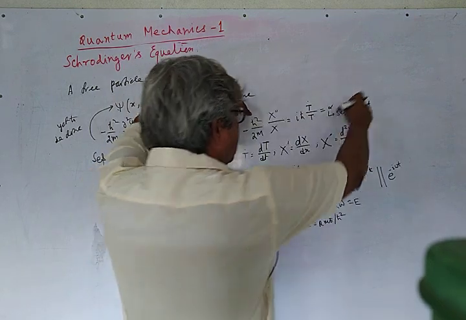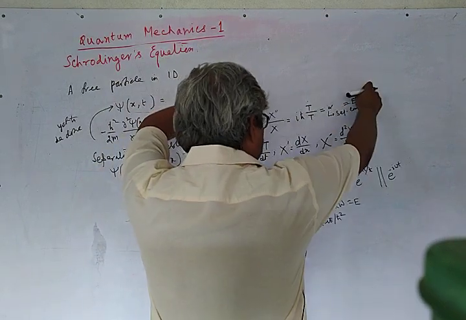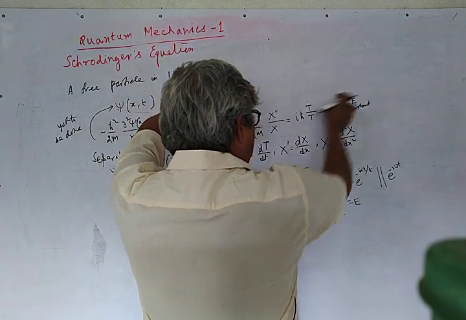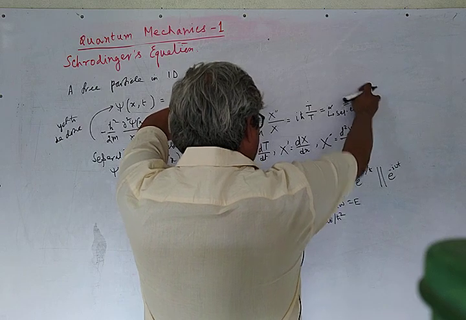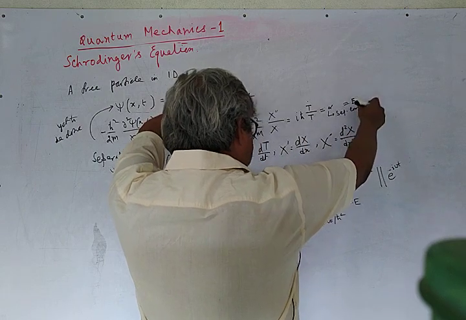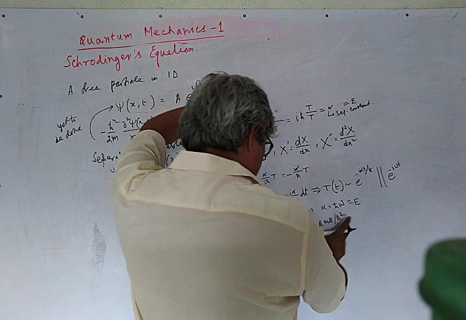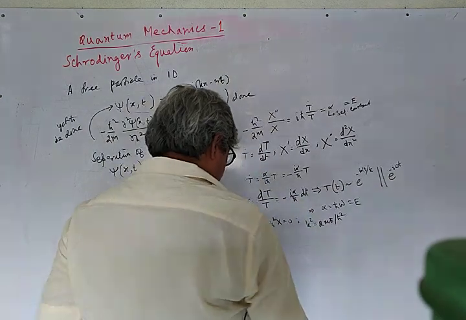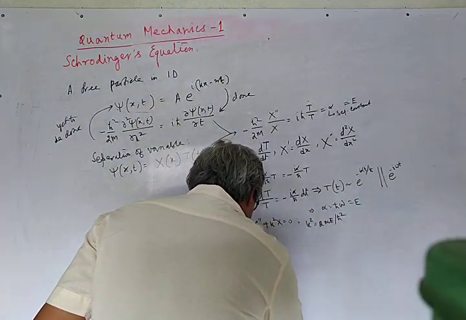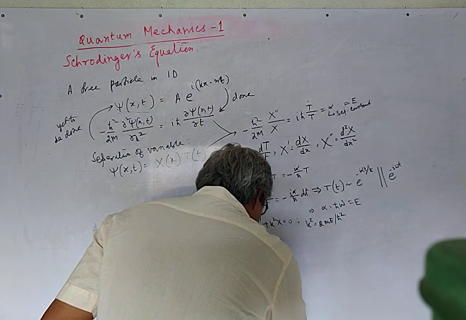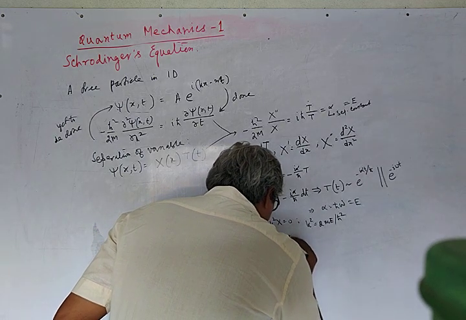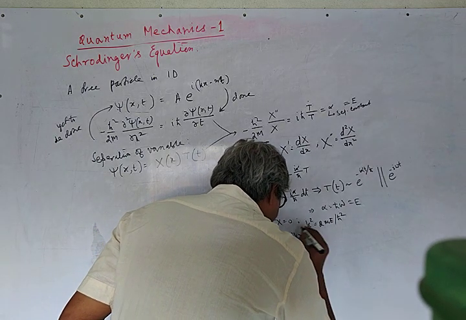So this is equal to E times X, so on the other side it will be two m E by h cross square times X, and this will have a sinusoidal solution, and the solution of X is e to the power plus or minus i k x.